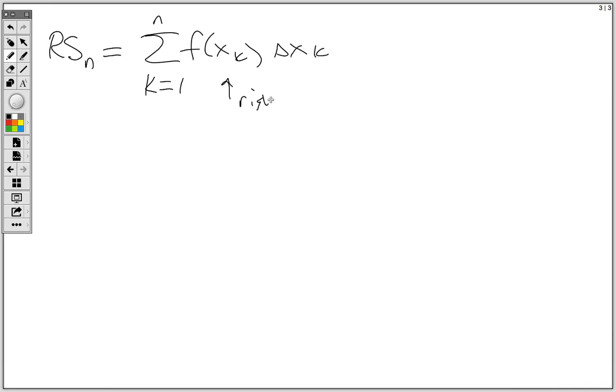So our right endpoint sum is going to be the sum from k equals 1 to n of f of x_k delta x_k. We're still going to use the right endpoint, but the x sub k's are going to be rigged to make the function happy, but we'll just have to deal with that.